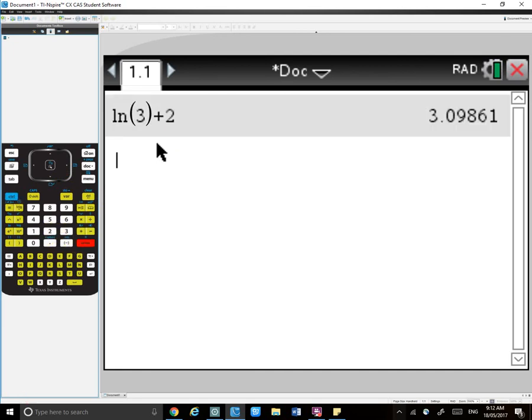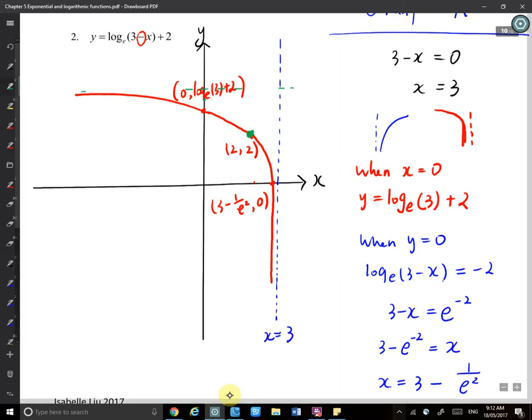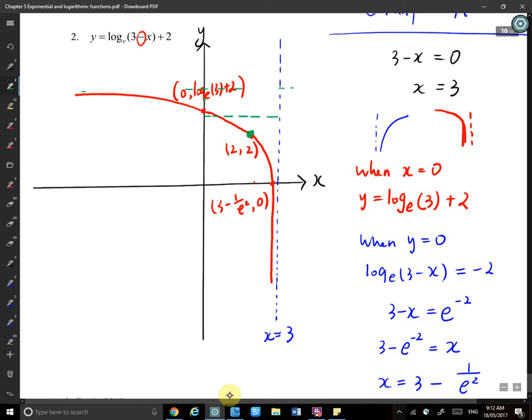It's more than 3. This number is more than 3. Therefore, I shouldn't have this asymptote here; I will have this asymptote below. This point is a number a little bit greater than 3, therefore I will have my asymptote below it.